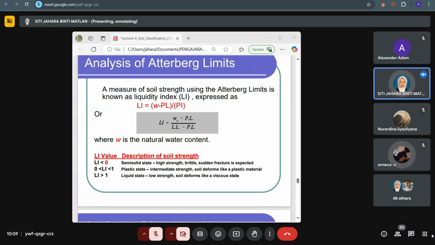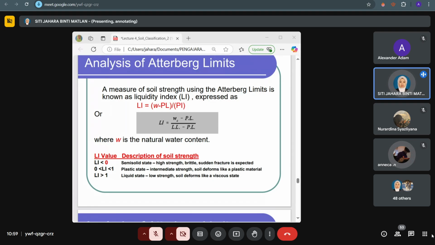So this slide explains the liquidity index, LI, which is a key parameter used in geotechnical engineering to evaluate the consistency and strength of fine grain soil based on the Atterberg limits. This is still under Atterberg limits.